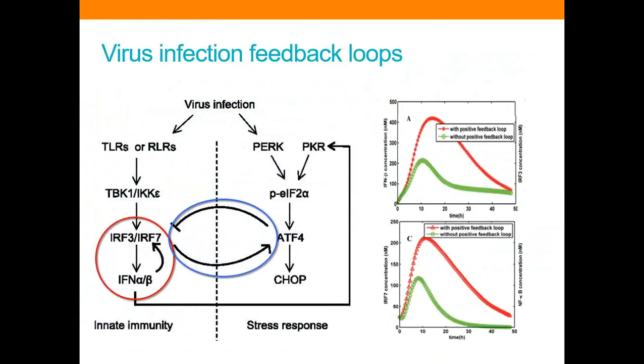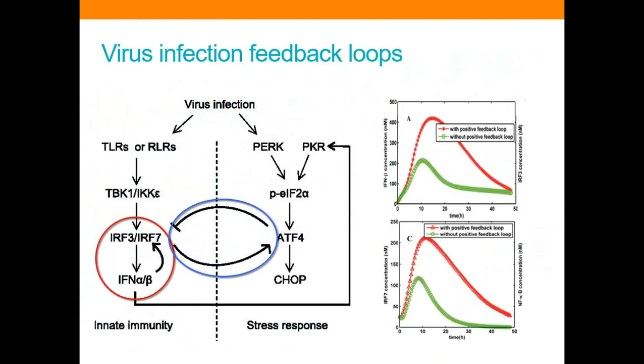But there's a positive feedback loop. So when you increase the interferon response factor 3 and you get this downstream increase in interferons alpha and beta, the presence of the interferon alpha and beta further feeds back to increase the interferon response factor 3. So you now have a significant amplification and increase in that signaling.